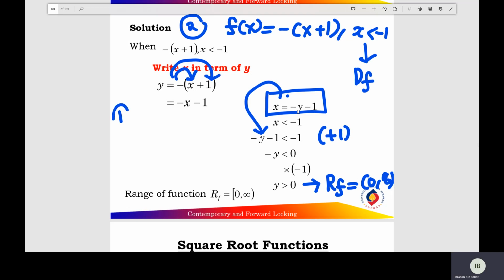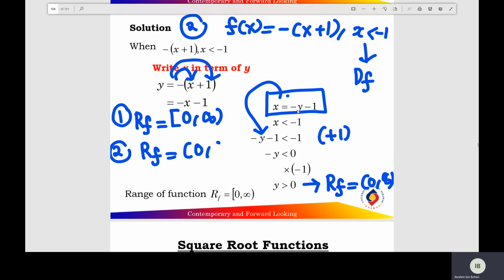Okay, you check the first function, the range of the first function f(x) equals x plus 1. The range of the function includes 0 to positive infinity. And the second function, Rf equals 0 to positive infinity, using open intervals.